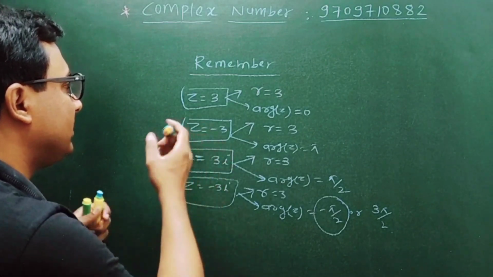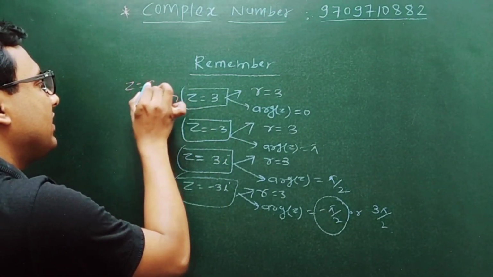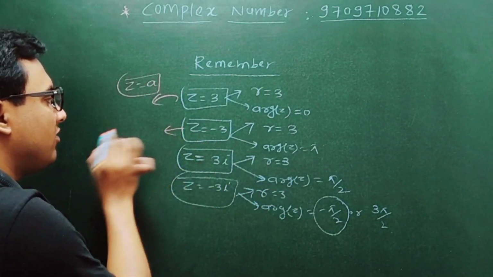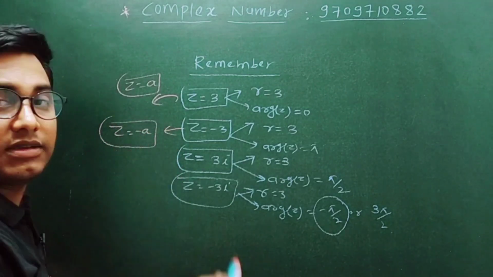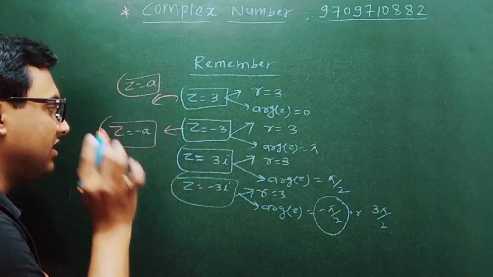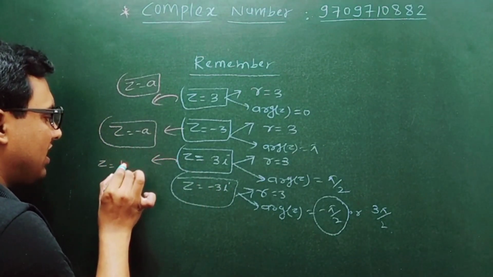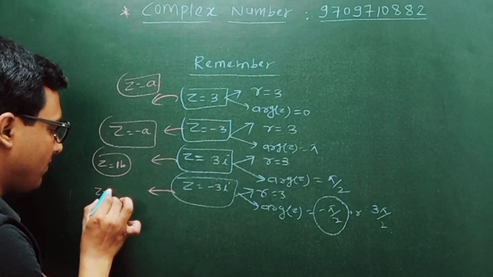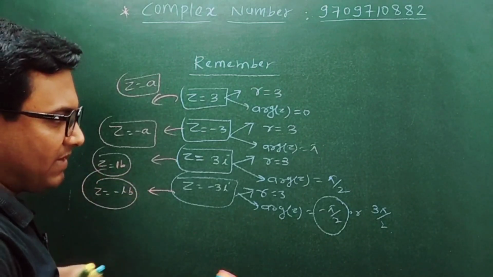That means we can see here z equal to a, where a is any value: 4, 5, 6, 7, anything. z equal to minus a, where a is minus 2, minus 3, minus 7, any numbers. z equal to iota b: 2 iota, 3 iota, 4 iota. z equal to minus iota b: minus 4 iota, minus 5 iota.